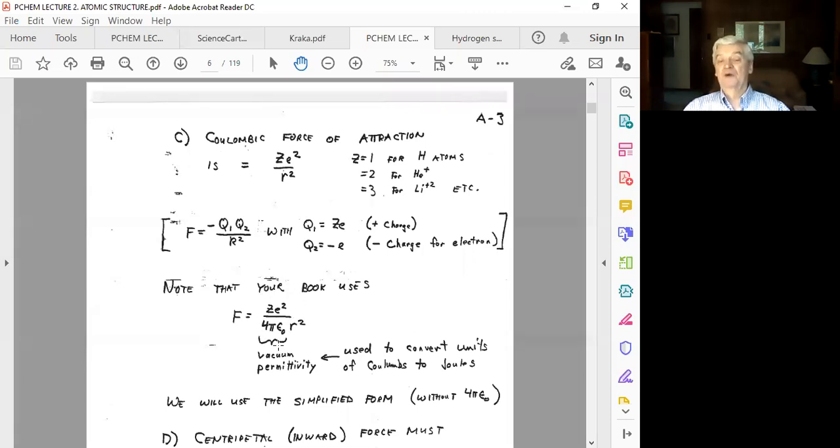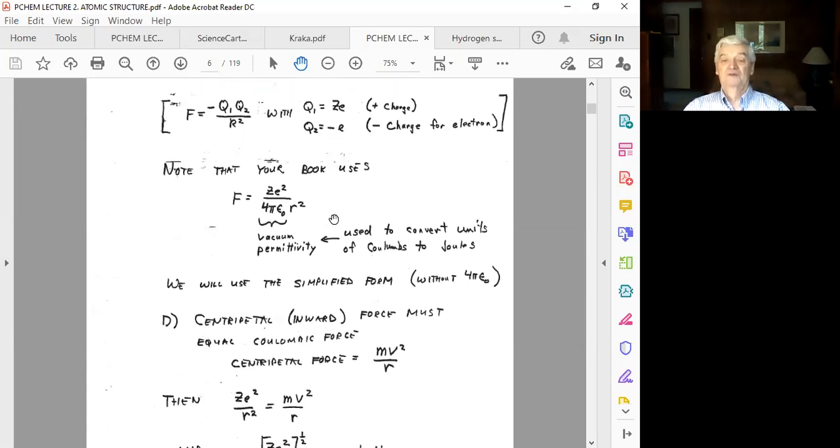Sometimes you have to square it, but it's basically just a conversion factor. So we hate carrying around things like 16 pi squared epsilon naughts. So I hope you're happy if you just stick with my model of attraction that I've given right here. This model agrees with that one also, except it throws in this crazy conversion unit. So we're not going to use 4 pi epsilon naught.